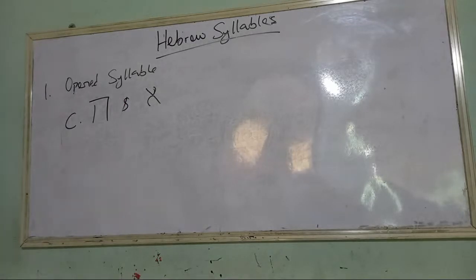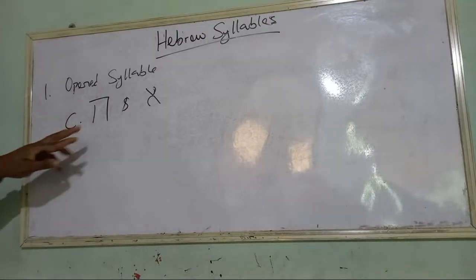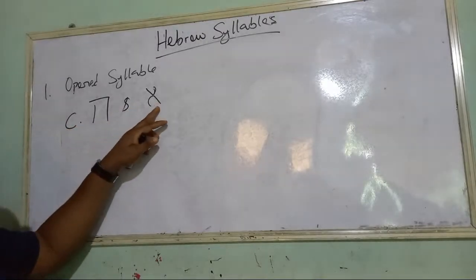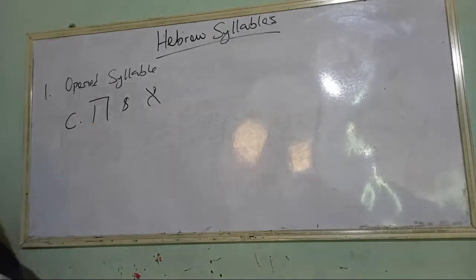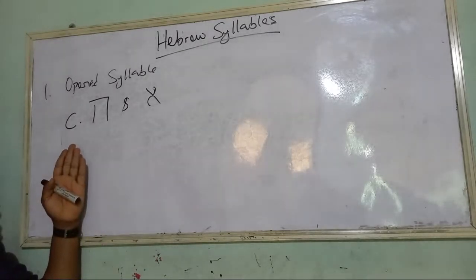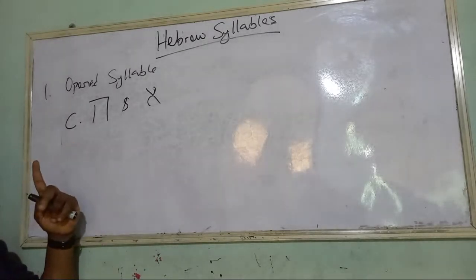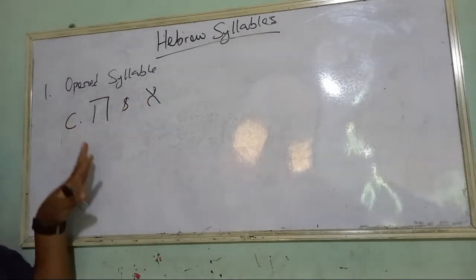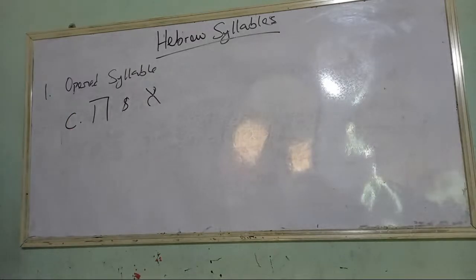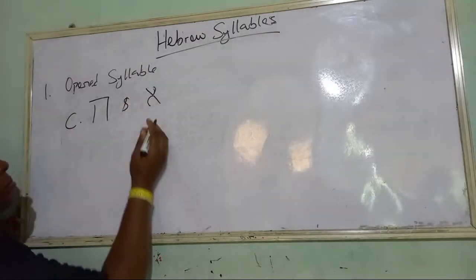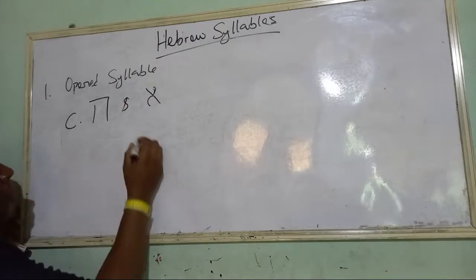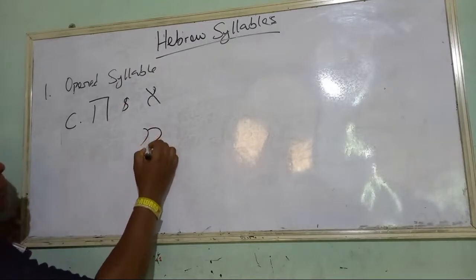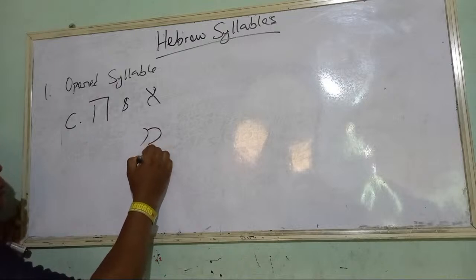Any syllable that ends with aleph and a is an open syllable. That is the third clue. Let's look at this. I've given you this as an example first.